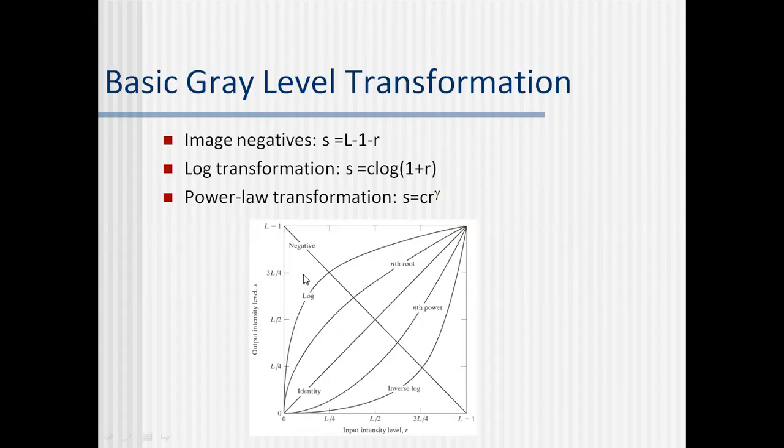This is towards greater values and this is towards lesser values. The initial value is 0 here, the maximum up to L minus 1. This is the input intensity level and this is the output intensity level. With respect to this, we can classify the logarithmic and inverse logarithmic values. Here inverse log is also called exponential value or anti-log value.